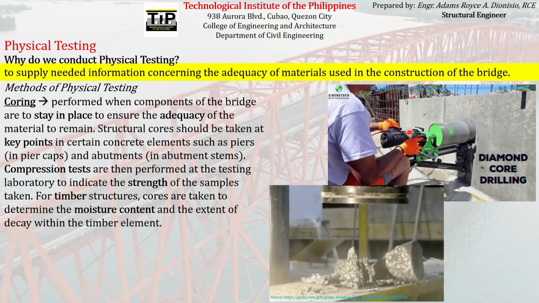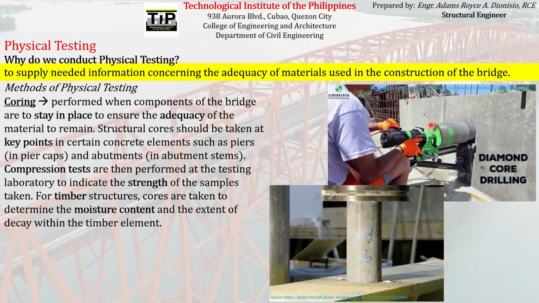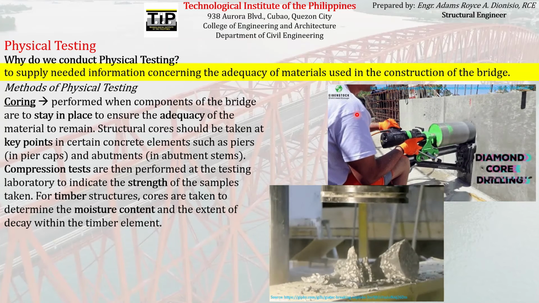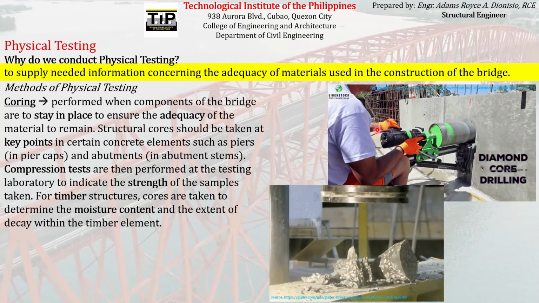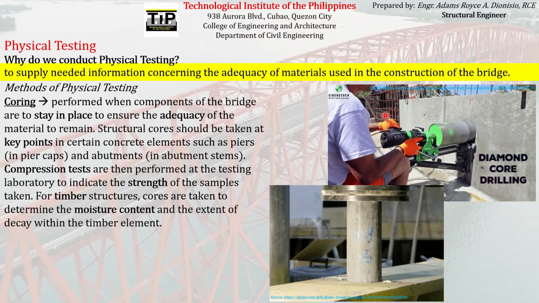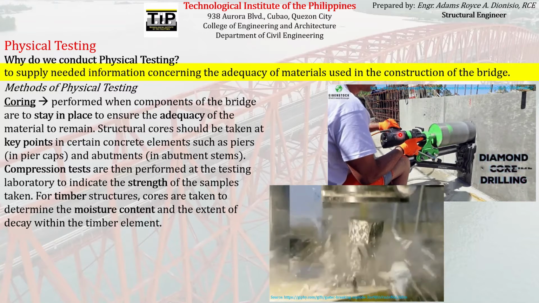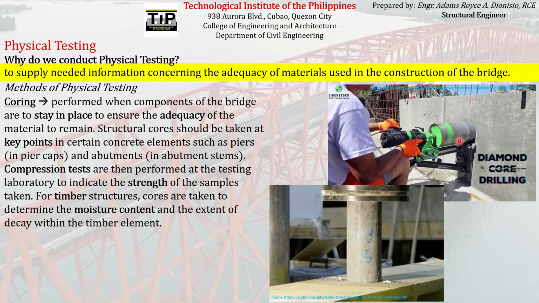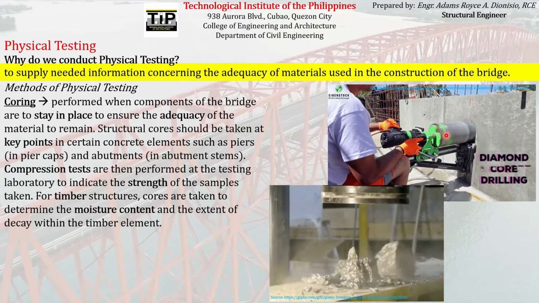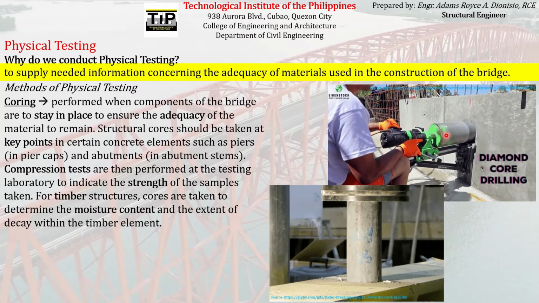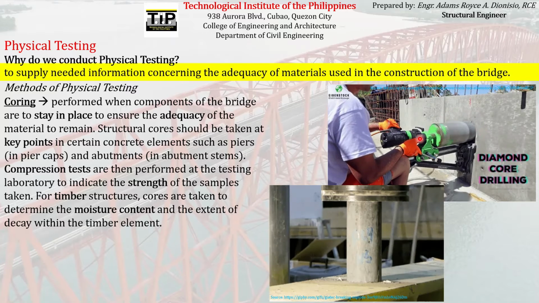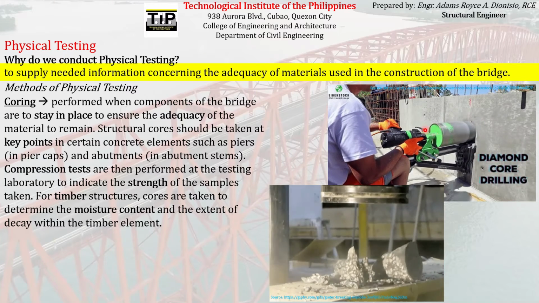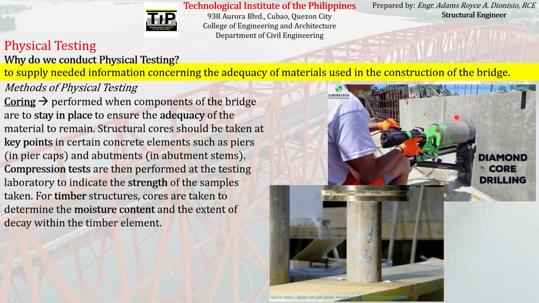So this is the actual coring procedure. As you can see here, this is the diamond core drilling procedure. As you can see on the GIF, we conduct coring, or we bore holes, or drill a hole on the particular component of a bridge or any structure that we want to subject to core testing.